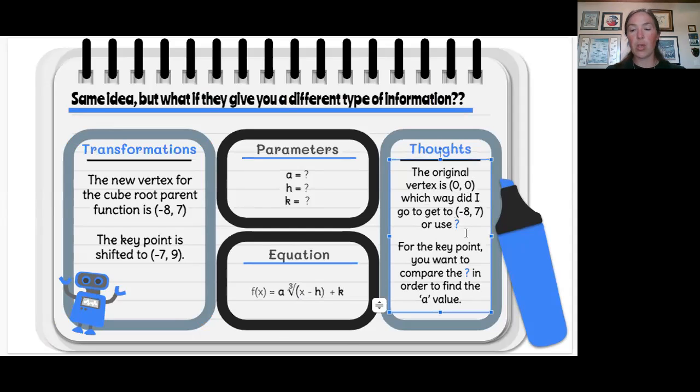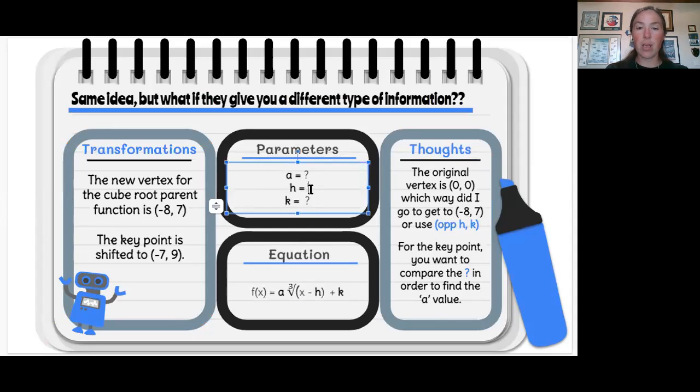Or remember, we could use that our vertex is H, K. So this is opposite H, K. So we could always use that as well. So this should be the opposite of H. So if this is -8, then the opposite of that would be +8.